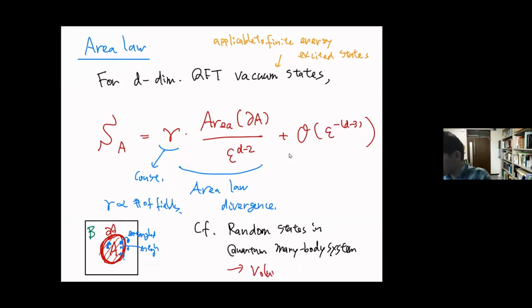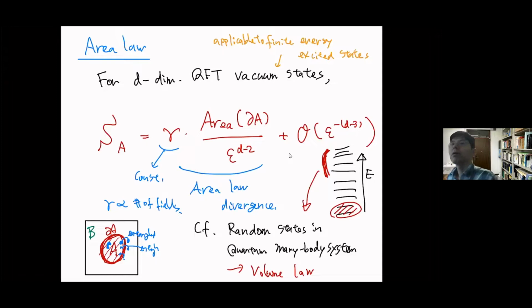This is a quite well known fact, and it is also related to the Page curve. You can imagine some excited state with lots of spins and an energy scale, with lots of states. The area law only appears in the lowest energy state, and for this kind of generic high energy state, we get the volume law.